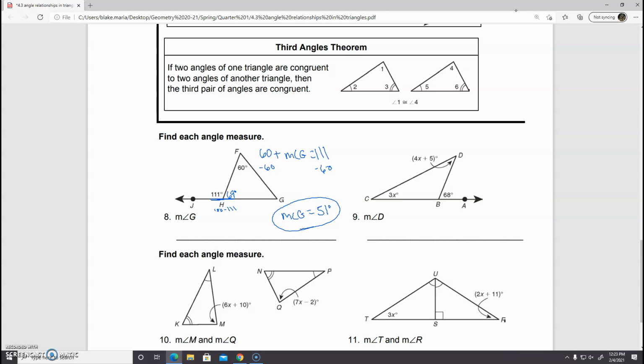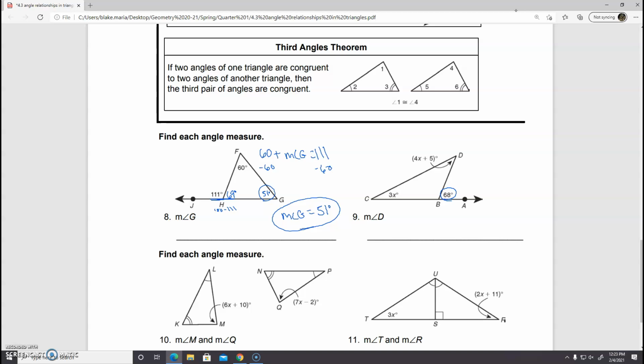And then you could say, hey, this is a triangle, 180 minus 69 minus 60, and you'll still get that this one's 51. So even if you didn't have today's stuff, you could still use it. But we're going to use exterior angles theorem just because we're learning it.